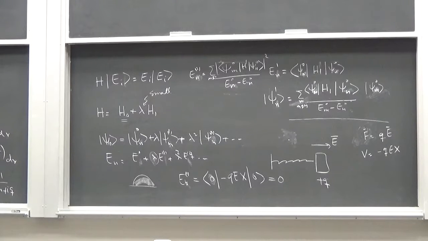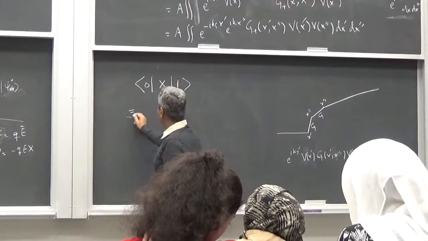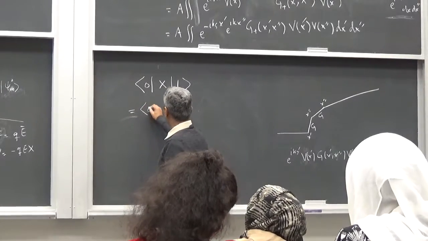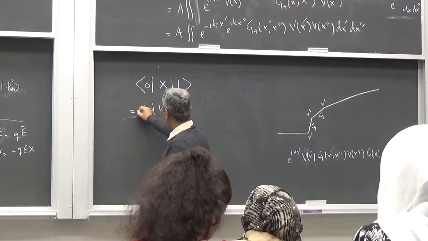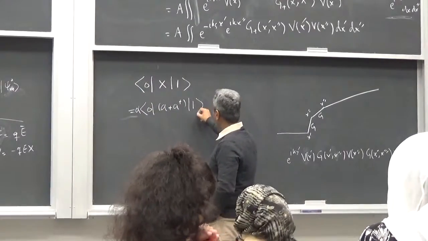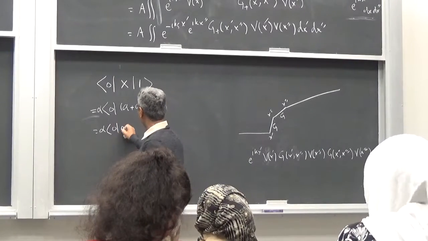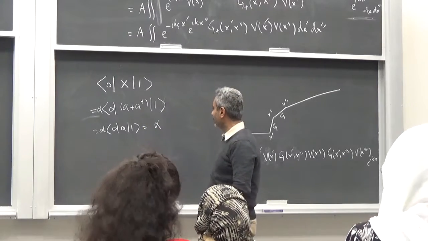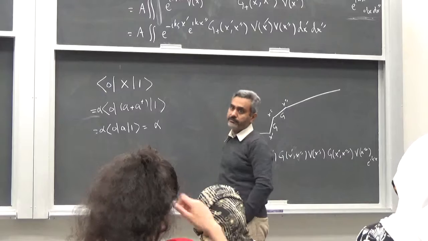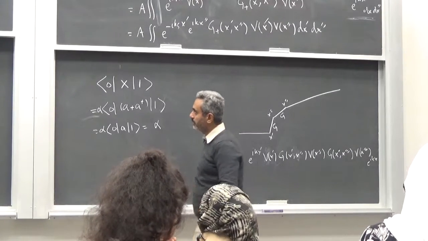So for example, you will have to calculate <0|x|1>, so that is going to be equal to <0|(a plus a dagger)|1> times some constant alpha, and so this is going to be alpha <0|a|1>, which is alpha, and the rest of them are going to be 0. So this is the only thing that will contribute.